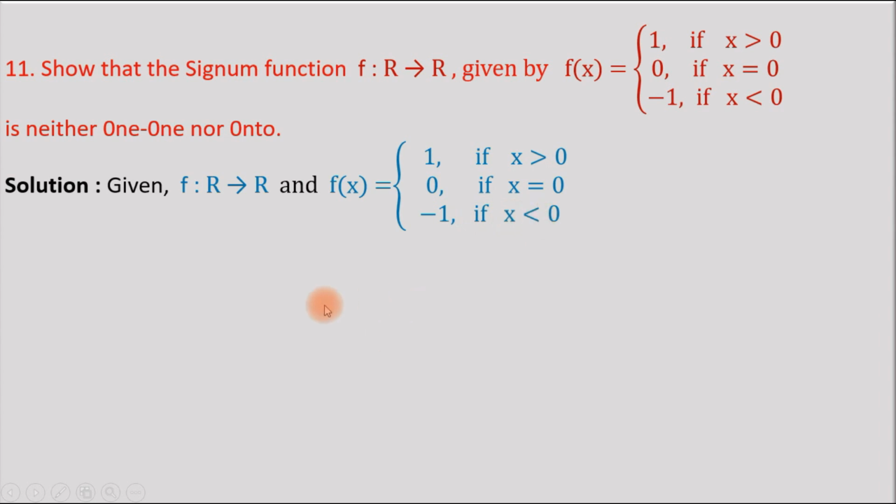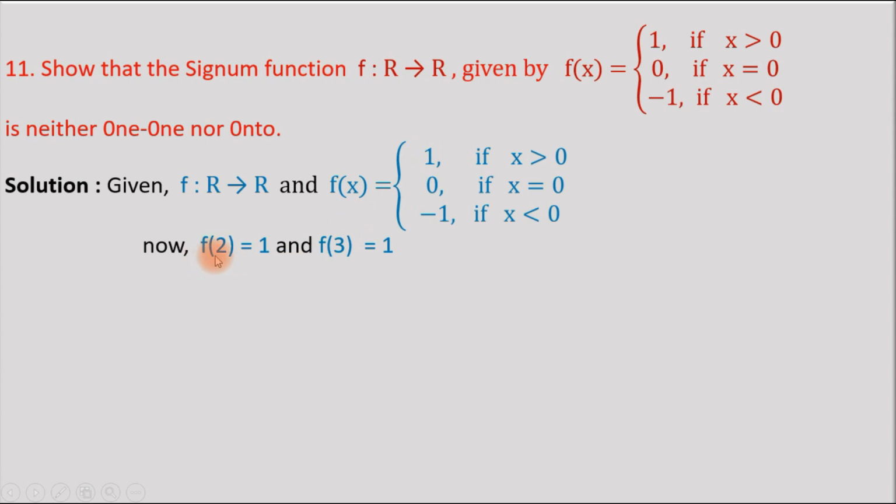According to the signum function, for every x greater than 0, f of x is equal to 1. So, if we take any number x greater than 0, f of x is always 1. I am taking x equal to 2 and x equal to 3, which are greater than 0, hence f of x is equal to 1.